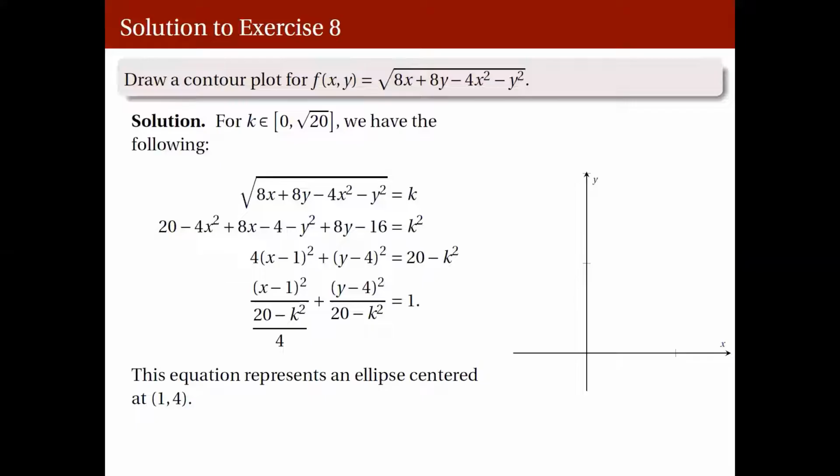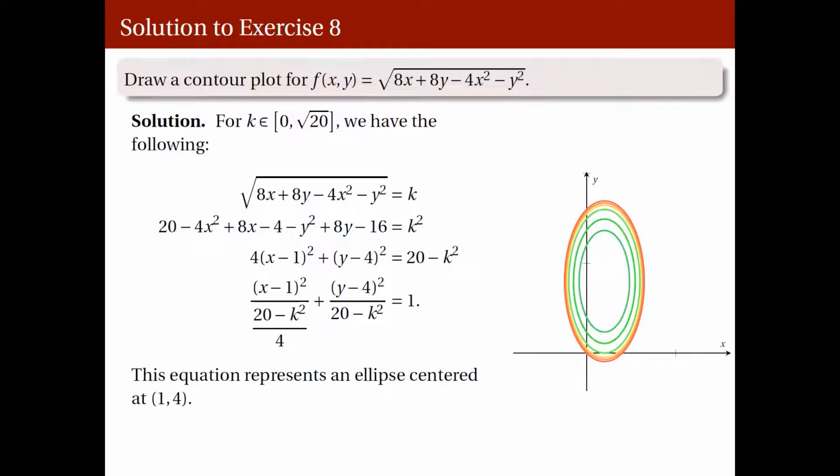Let's start with k equals 0, where we get this red ellipse. And then for the other ellipses that you will see, your k is rising. Here we have k equals 1 and square root of 2 and so on.